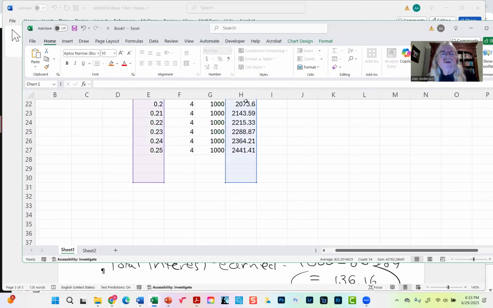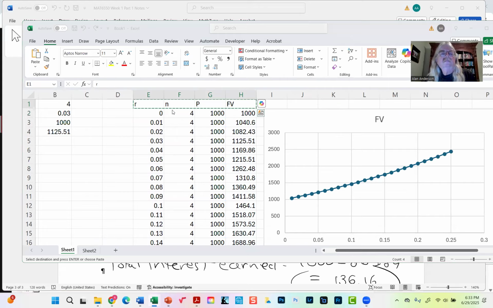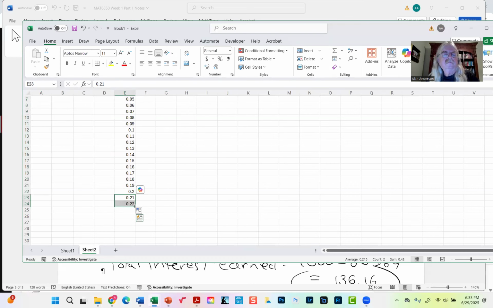So we're going to set up a similar chart here, except this time, I'll reverse these two. So we'll let R be everything. We'll go up to 25%. N is 3. FV is 1,000.